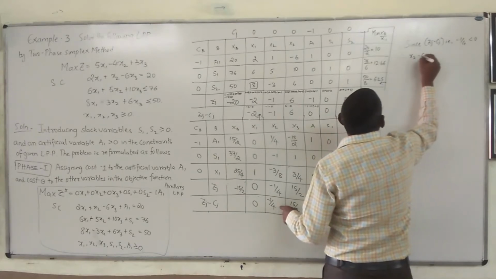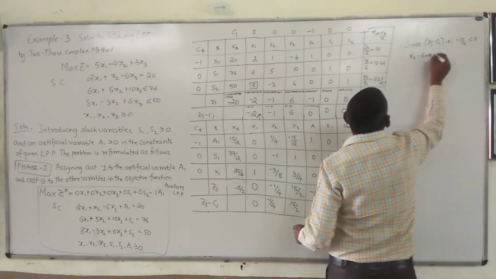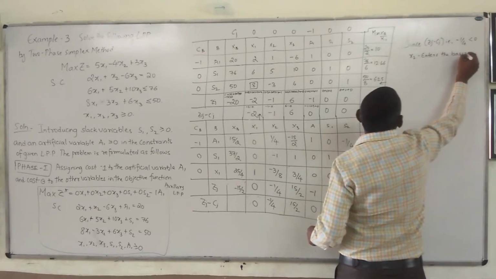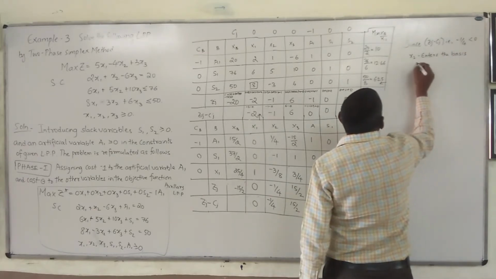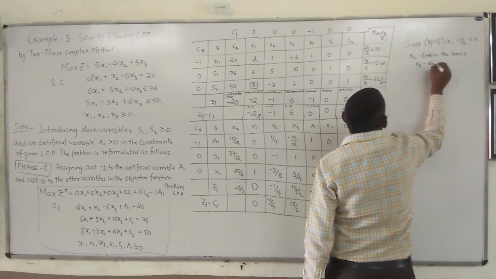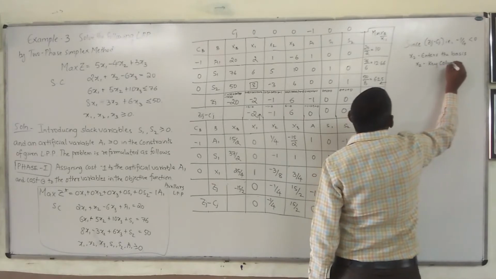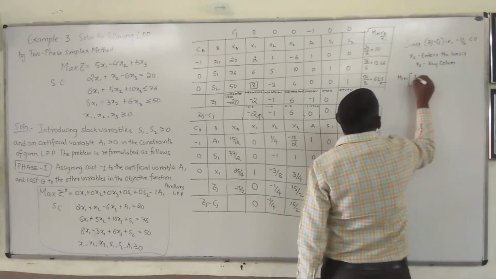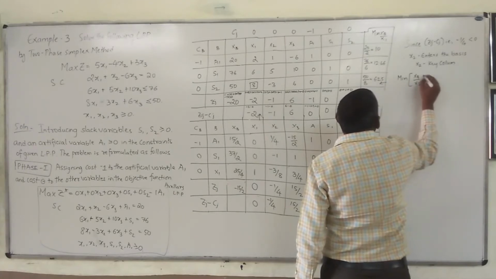X2 enters the basis. That is, X2 is the key column. Then you need to find the minimum of XB upon X2.